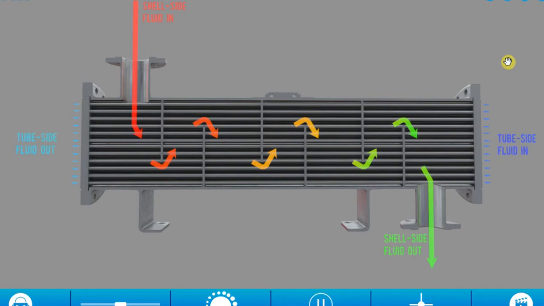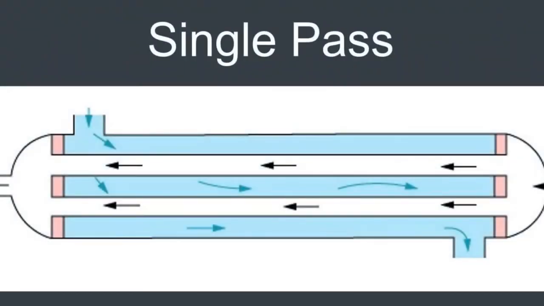This heat exchanger would be described as a multi-pass heat exchanger just because the shell side fluid, or one of the fluids, is passing multiple times over the other fluid. If the shell side fluid came in from the top and dropped out of the bottom with no baffles, then the shell side fluid would have a single pass design, and so would the tube side fluid, and we would say this is a single pass heat exchanger.